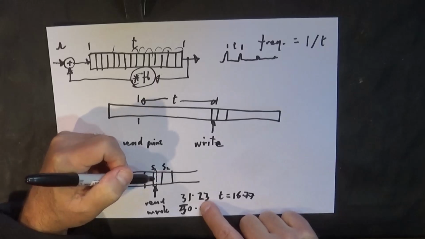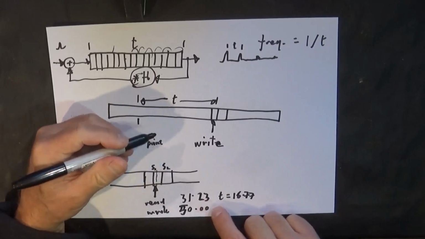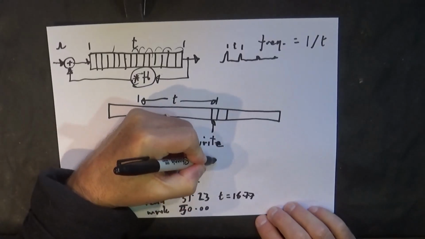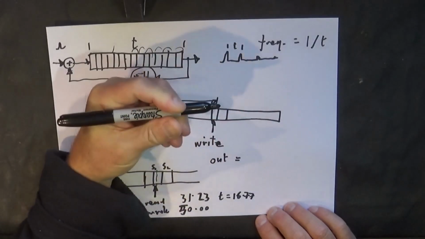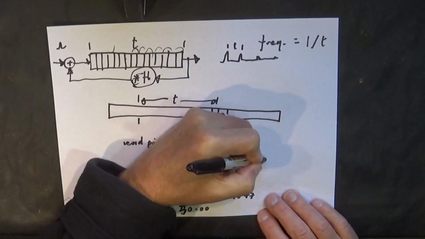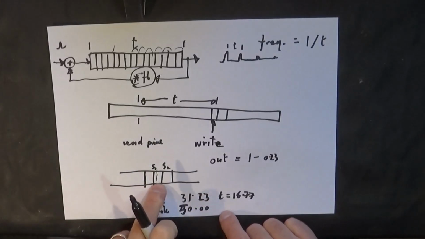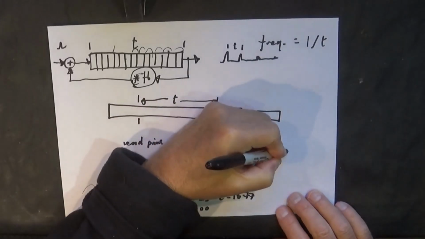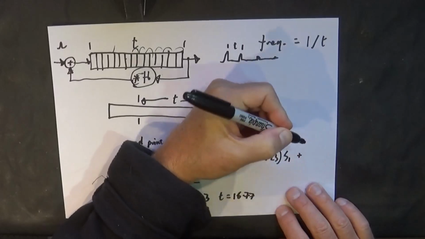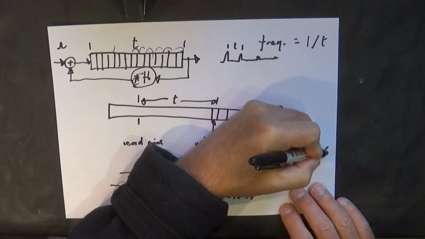We say that's nearer S1 than S2, so our output equals 1 minus 0.23, because we're 0.23 of a sample away from S1, plus 0.23 S2.